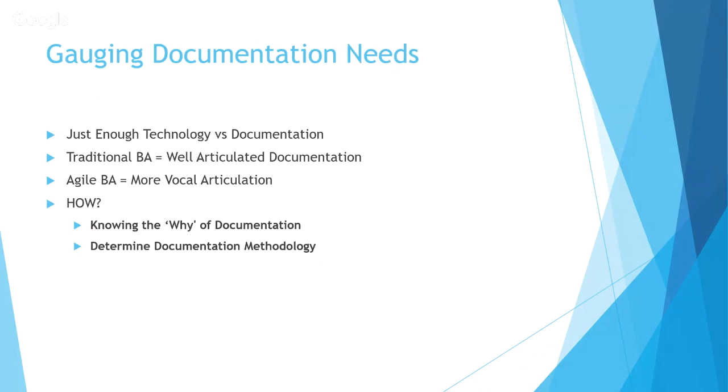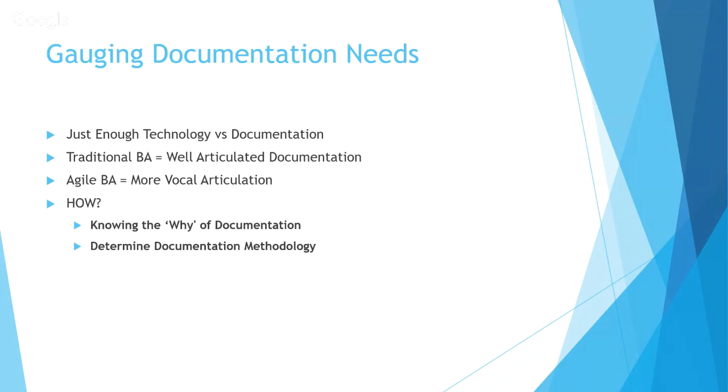This gets into that philosophy of an MVP, a minimum viable product. So in Agile, we can look and say, what's just enough technology that we can get to market, or that we can release to our users, and then how can we build on that and iterate from there?